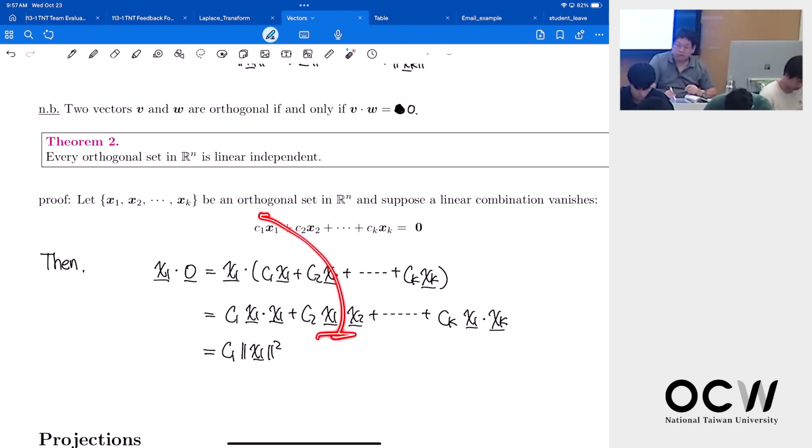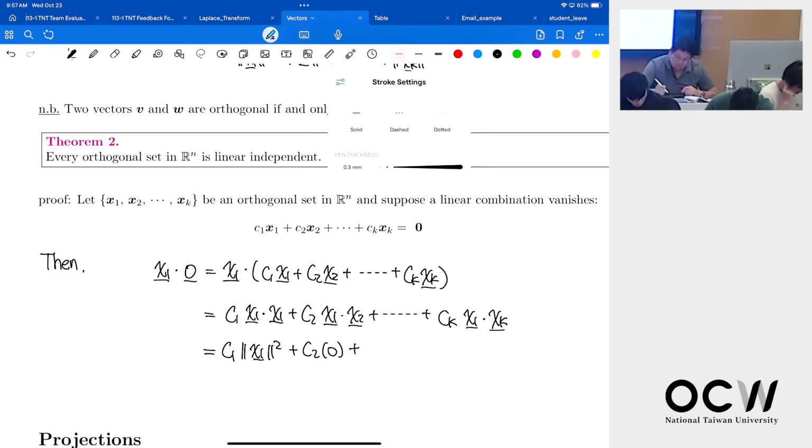They are orthogonal, or you can think of them as perpendicular, so they have 90 degrees. So the dot product is 0. Also others will be all 0.